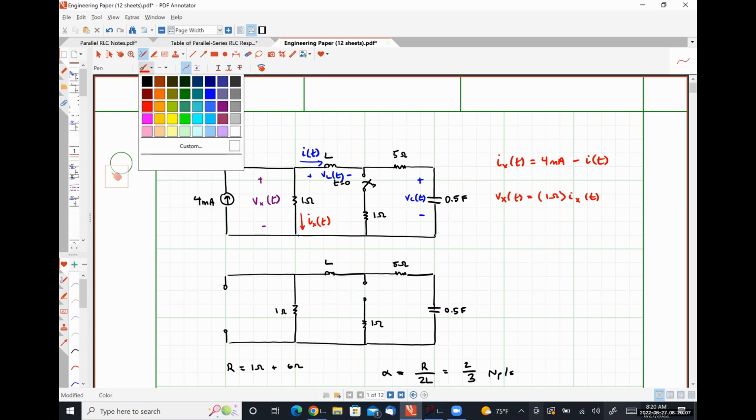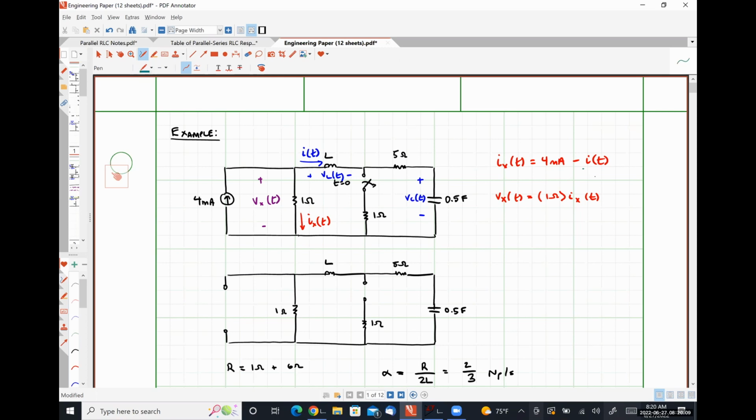So we are going to use our response equation to determine our inductor current I of t, as this will allow us to calculate the voltage Vx of t with the least amount of work. Another possible way that we could do this would be to add the inductor voltage plus 5 times the inductor current plus the capacitor voltage together. But that is going to involve a significant amount of more work than simply finding I of t and using KCL and Ohm's law.